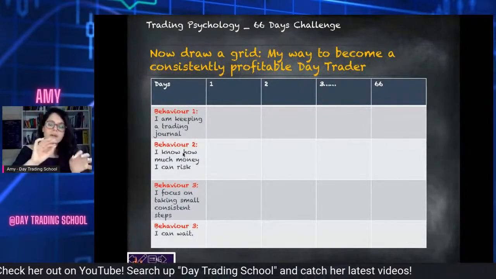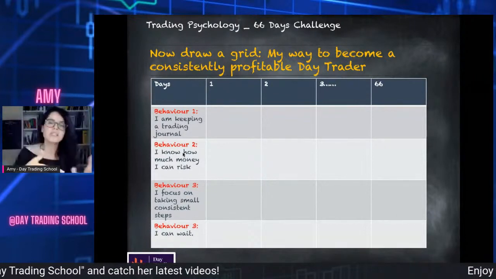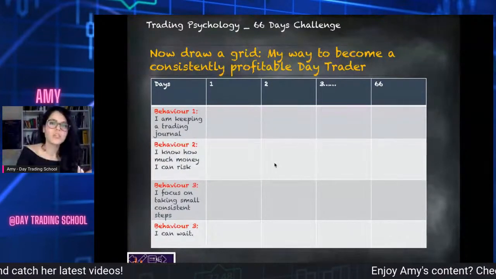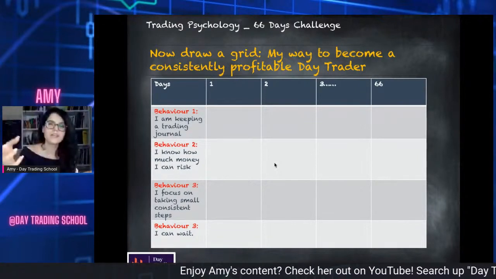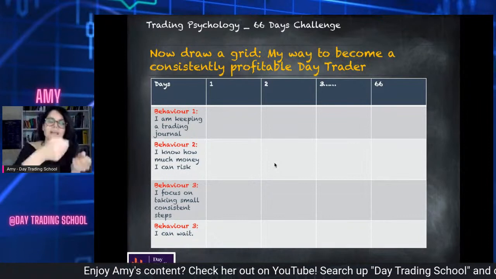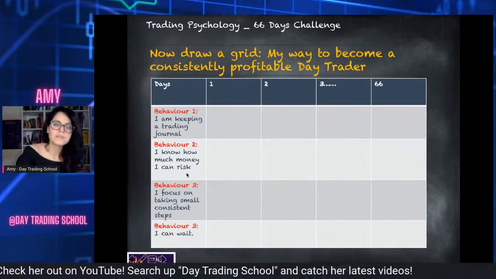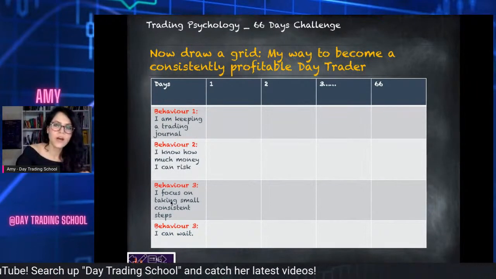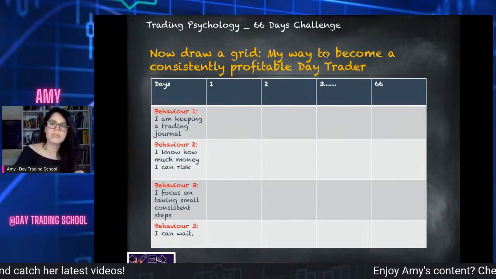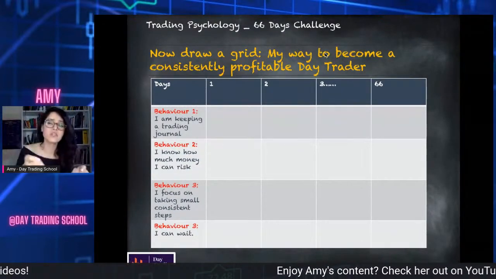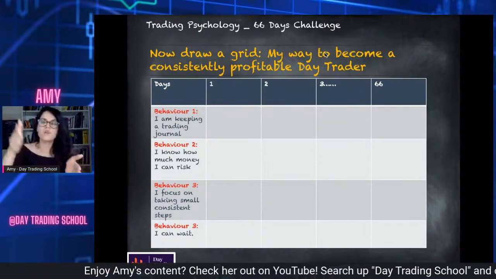When you want to implement a particular habit into your trading routine, you need actions that lead to success. You can keep something like a habit tracker and write down all the actions you are going to repeat for the next 66 days, because it usually takes 66 days for an action to turn into a habit.